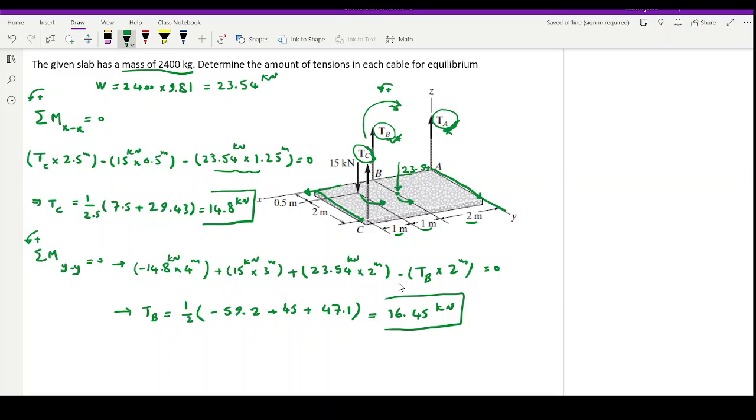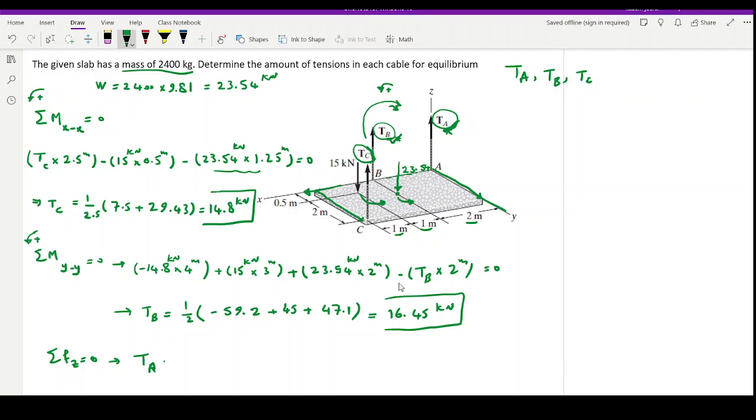Then now I have, out of 3 unknown forces that were TA, TB, and TC, I have 2 of them now. Now I have just one unknown. I can write sigma F Z is 0 this time, and I can find the third unknown, which is TA.